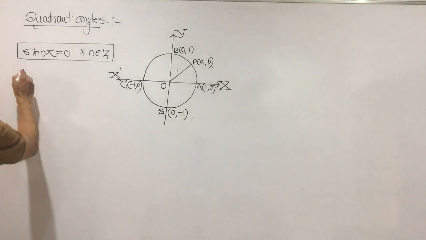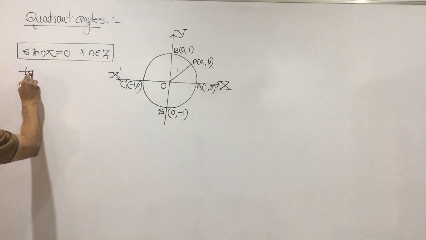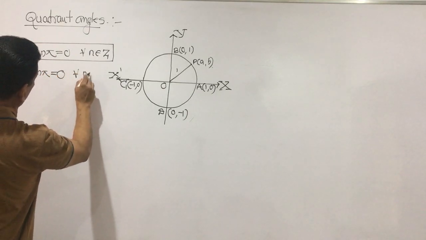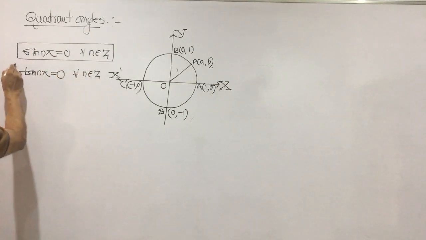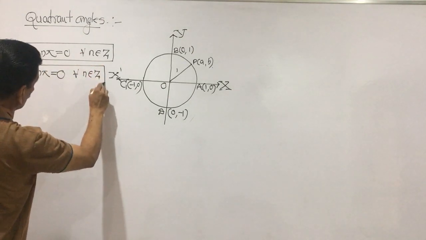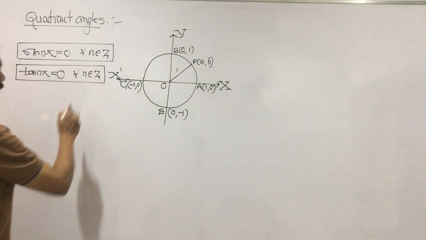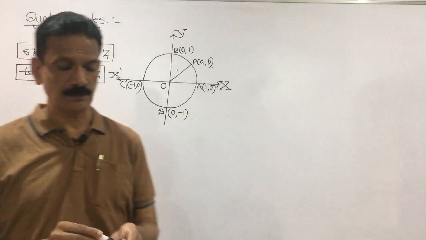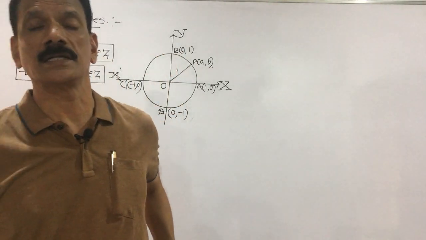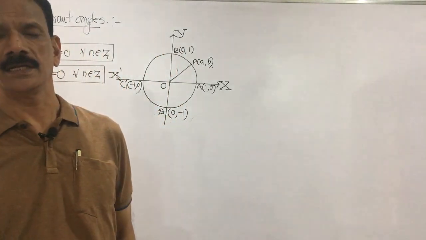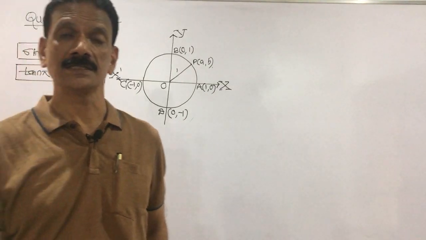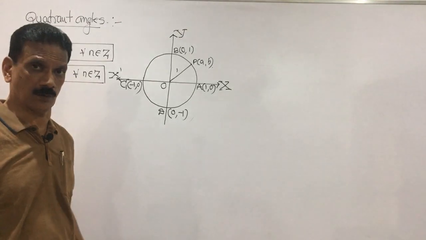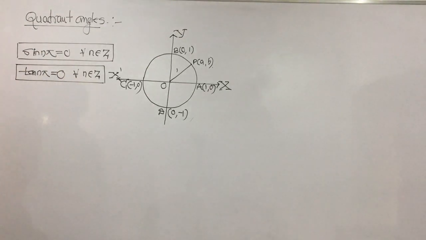So we can write additionally that tan n pi is also 0 for all n belongs to Z. Here n is an integer, meaning the number is a multiple of pi, so sin pi, sin 2 pi, sin 3 pi, sin 4 pi, sin 5 pi, and similarly sin minus pi, sin minus 2 pi, sin minus 3 pi are always 0. Remember this, very important.